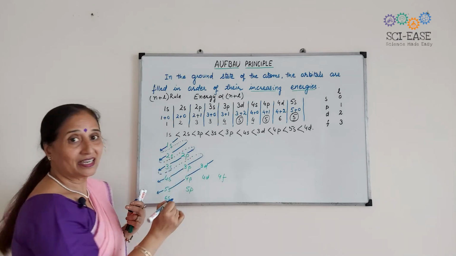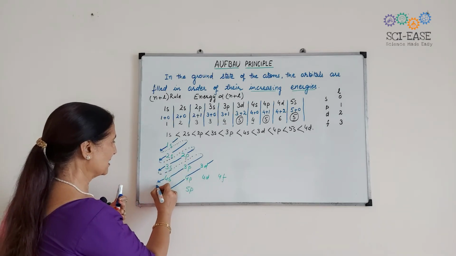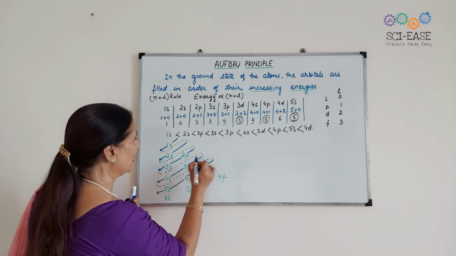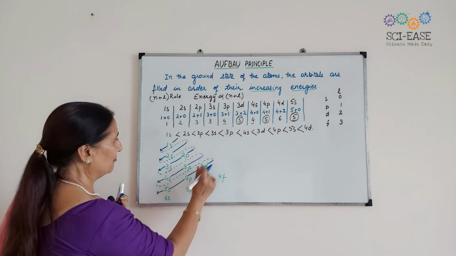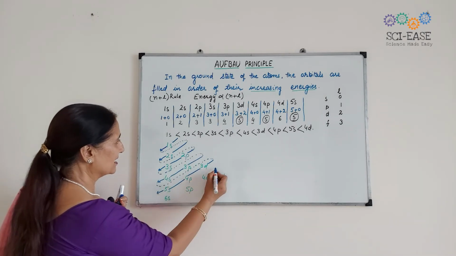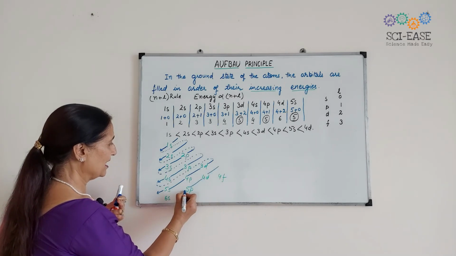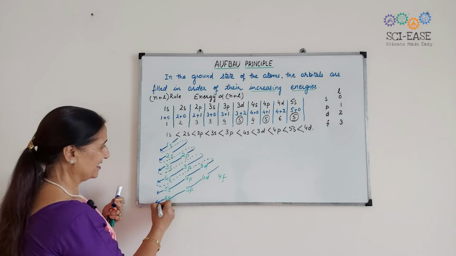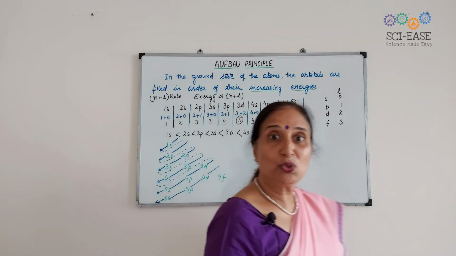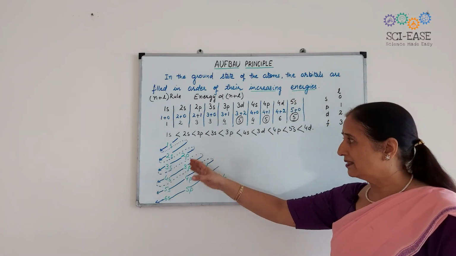After 3s there will be filling of 3p, okay, then 4s, and you will see the same sequence you will get 3d, 4p, 5s, then 4d, 5p, 6s, and so on. Okay, so there are two methods. You can write like this also.